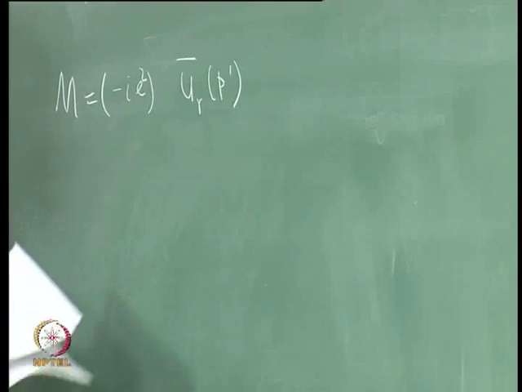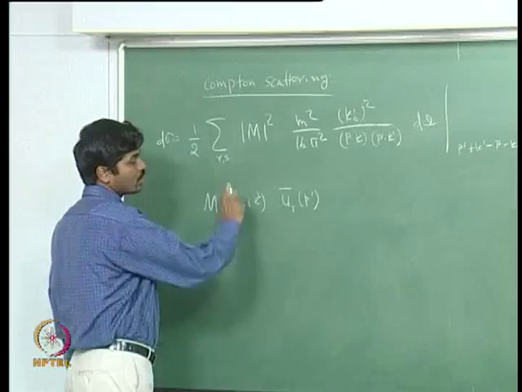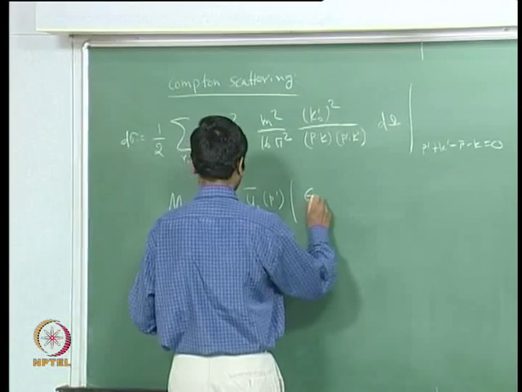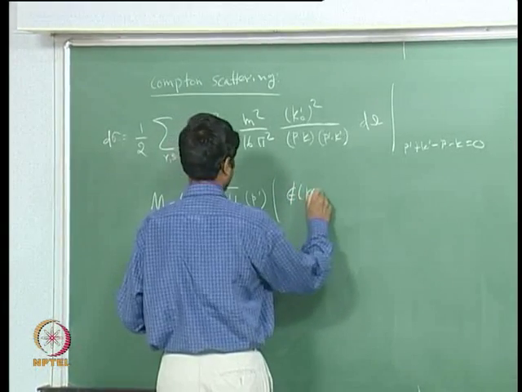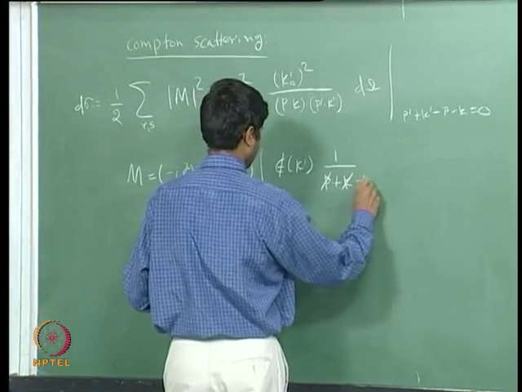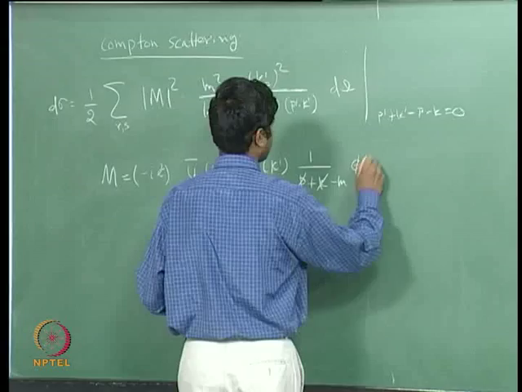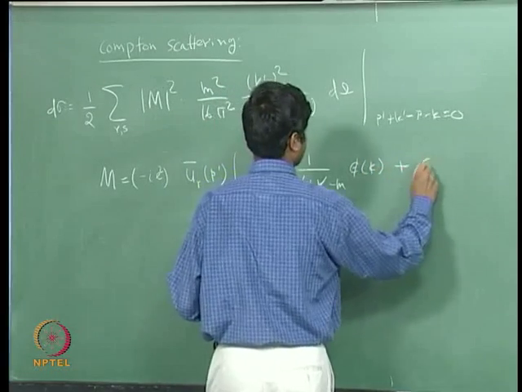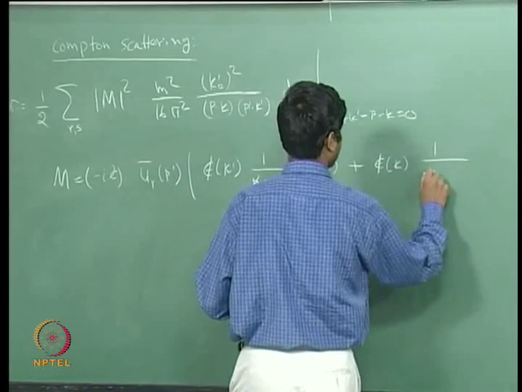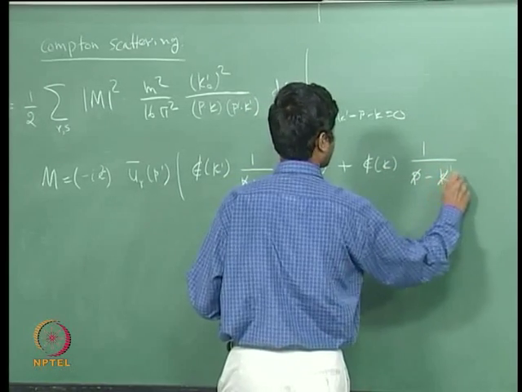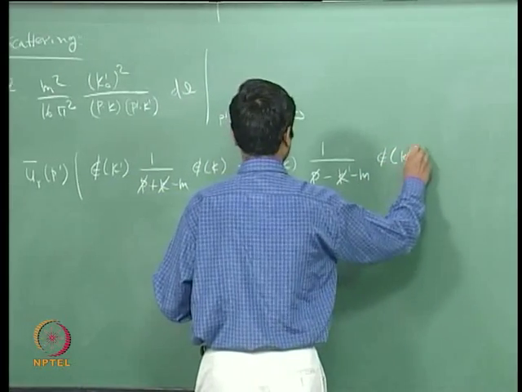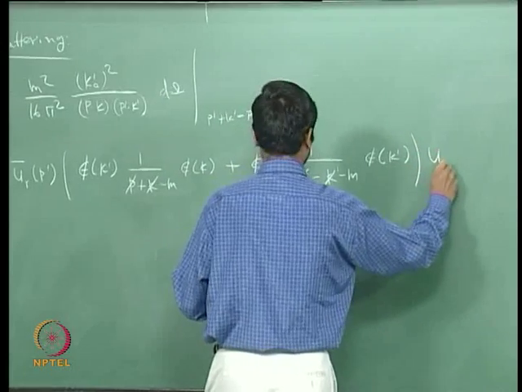I will now put the spin indices because I need to sum over all the spin values, and epsilon slash of k prime, 1 over p slash plus k slash minus m, epsilon slash of k plus epsilon slash k, 1 over p slash minus k prime slash minus m, epsilon slash of k prime u s p, okay.